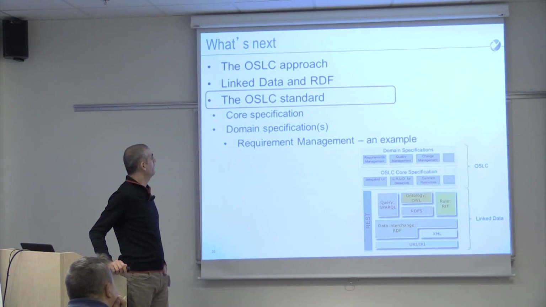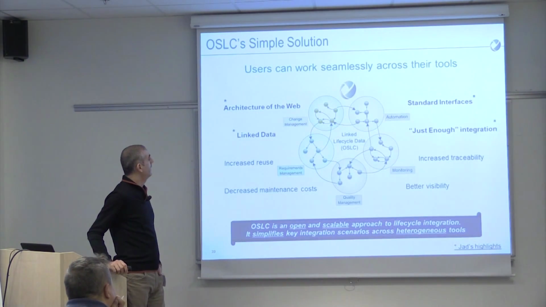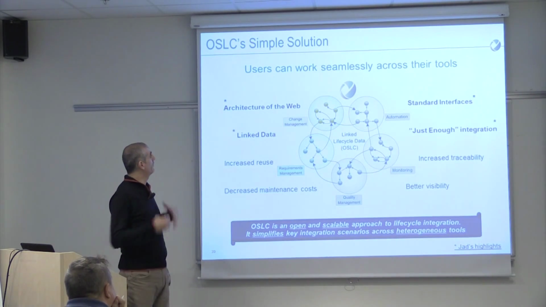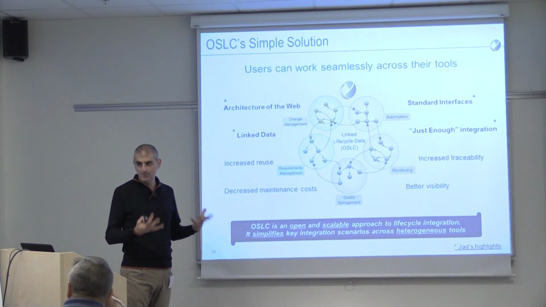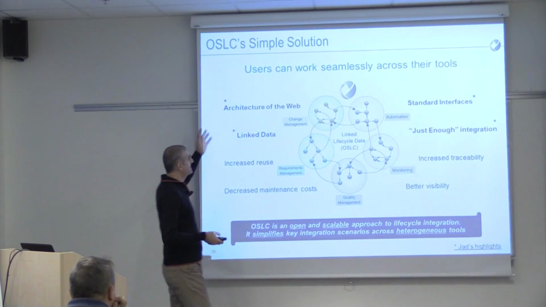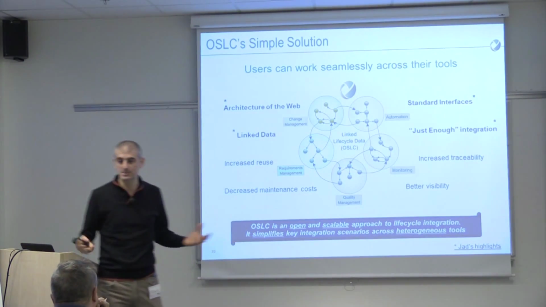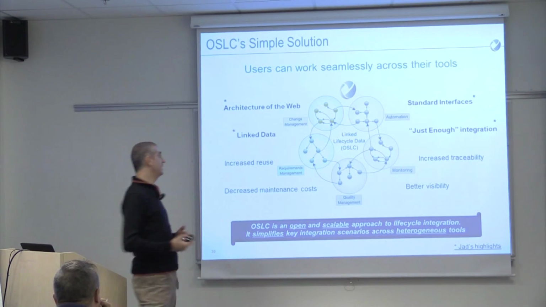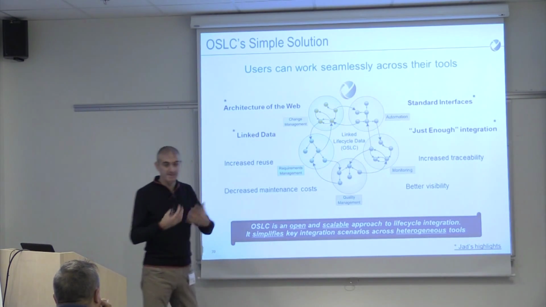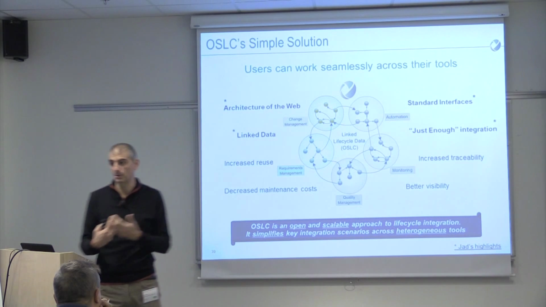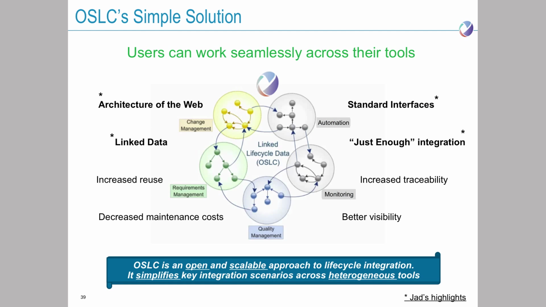Okay, so let's talk a bit more about the standard itself. I'll reiterate on this picture from before of what the OSLC approach is. OSLC takes this architecture of the internet. The web scales, and we all know that. So why not start there? And definitely why not use this linked data approach and its standards to share this information on the web? And I hope I convinced you that this is a good start.